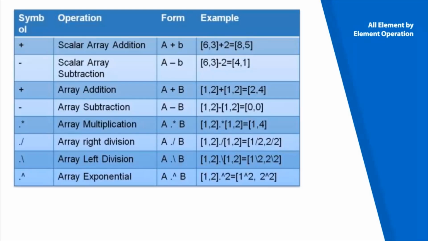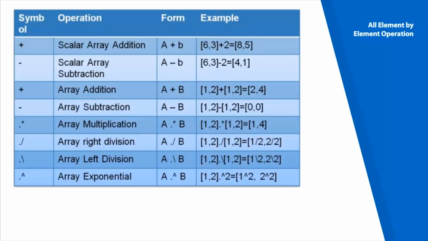So let us summarize all the element by element operations in MATLAB. These are the list of all the array operations that are there in MATLAB. We have scalar array addition, A plus B. Then we have scalar array subtraction, A minus B, where B is a scalar in both the cases. Then we have array addition, A plus B, where both A and B are matrices. Then we have array subtraction, A minus B, again where both A and B are matrices.